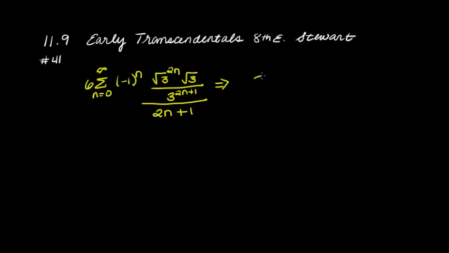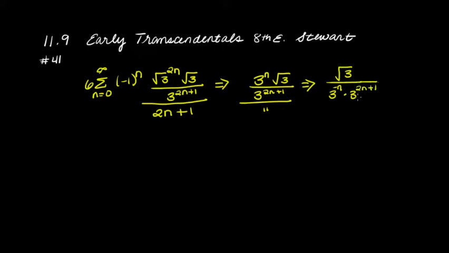So this will just get me a 3 to the n multiplied by the root of 3, all over 3 to the 2n plus 1, and 2n plus 1. I'm going to put tick marks to represent my denominator. Going one more time, this is the same thing as 3 to the negative n. So we have now root 3 all over 3 to the negative n multiplied by 3 to the 2n plus 1, and this is still all over our denominator.